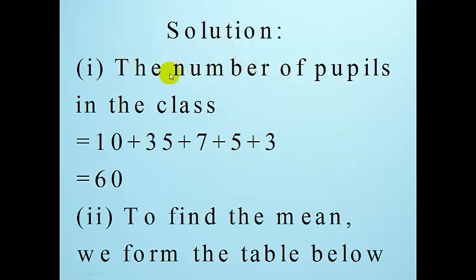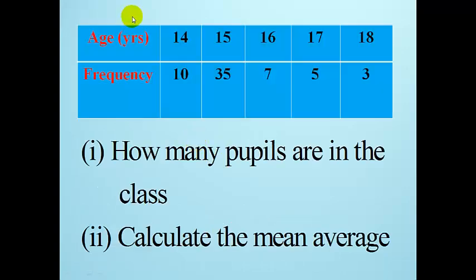Now the solution. The number of people in the class is obtained by adding all the frequencies. Please don't add the ages. You rather add the frequencies. Let's go back to the table and let me show you what I mean. If you want to know the number of people in the class, you have to add all the frequencies together.